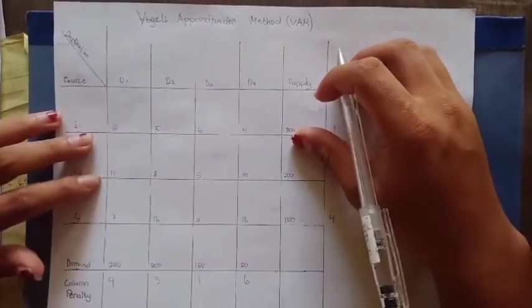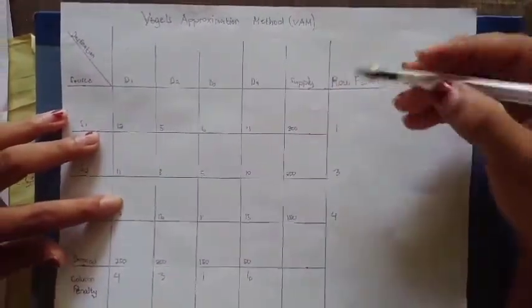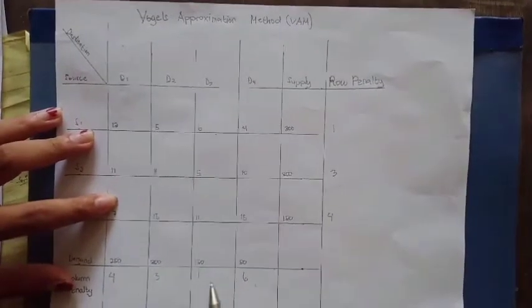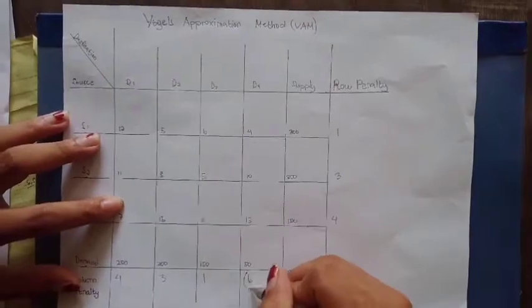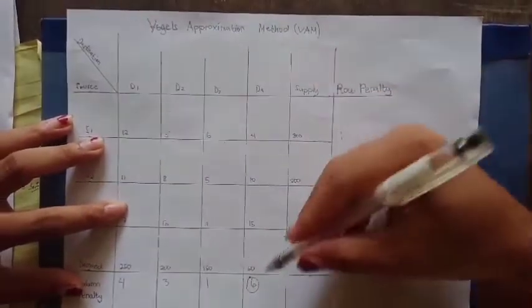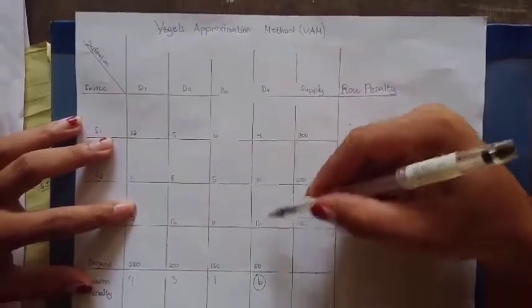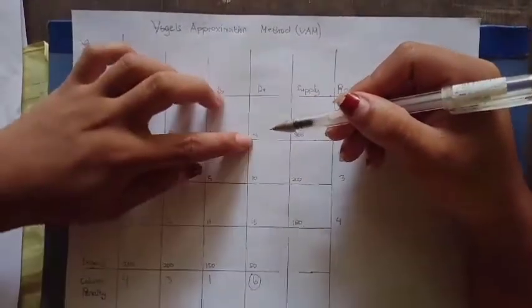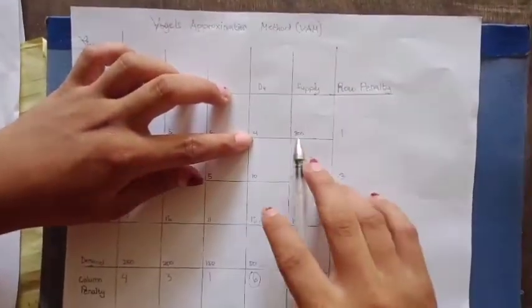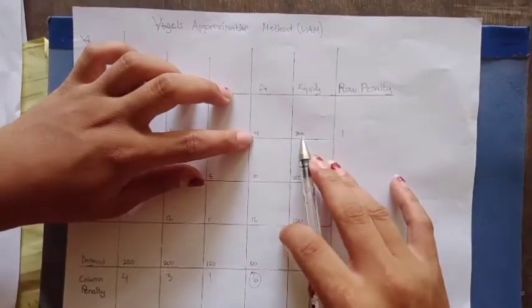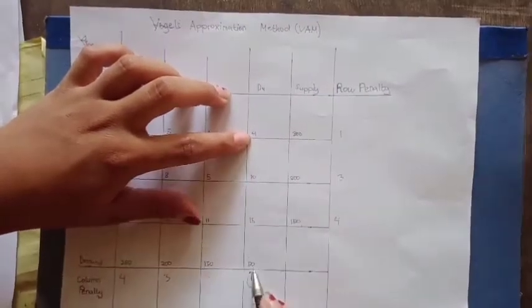Then kailangan natin hanapin ang pinakamalaki sa kanila. So we have 6. So let's start here. So hanapin natin ang pinakamaliit. So we have 4. So we have a supply of 300, then a demand of 50.